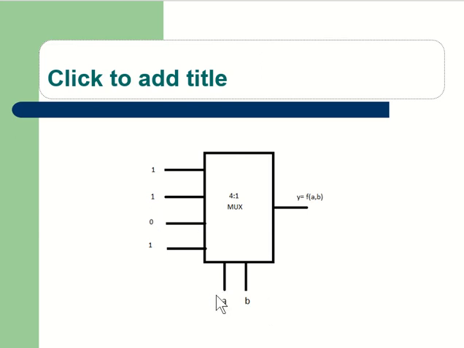So when a and b are 0 0, the first input, that 1, will be the output. When it is 0 1, the second line, 1, will be the output. When it is 1 0, the third line, that is 0, is the output, and when it is 1 1, the fourth one, that is 1, will be the output, which is according to our truth table.